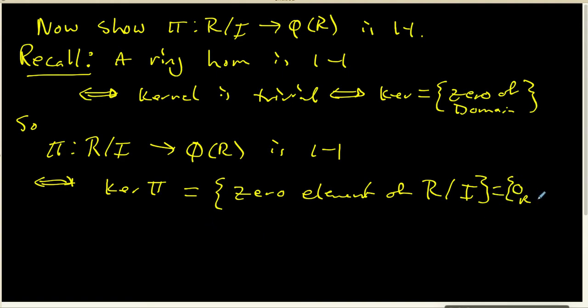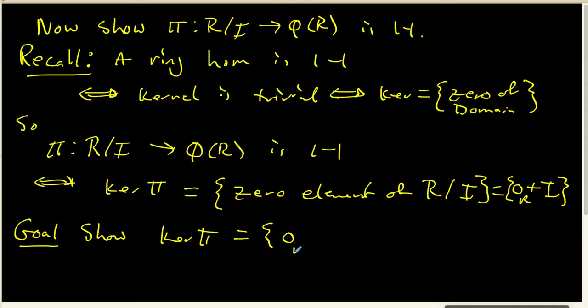That's just 0 in ring R plus the ideal I. And so our goal then is going to be to show that the kernel of pi is actually nothing more than the left coset 0 plus I, that is the only left coset that gets sent to the zero element inside the target ring phi of R. So let's see, how do we go about doing that?